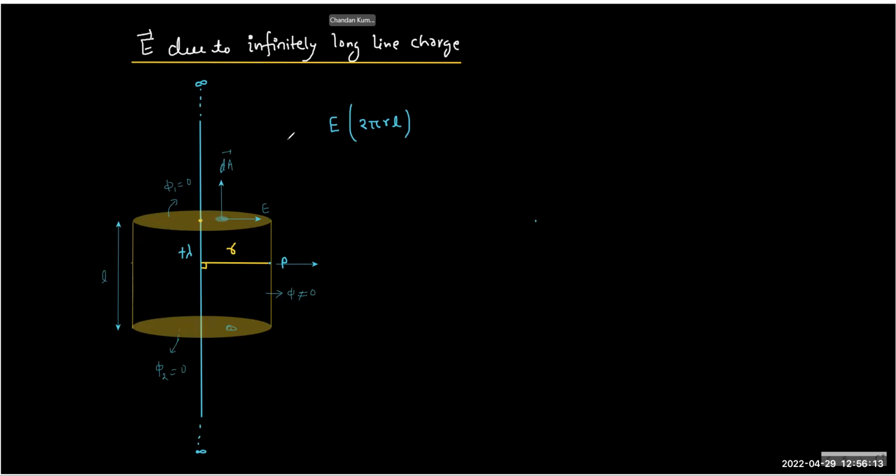Therefore, E must be equal in value. So the LHS will always be this much. LHS of the Gauss law, because the Gauss law says that E dot dA over the closed surface is Q enclosed. So this will actually become E dot dA.